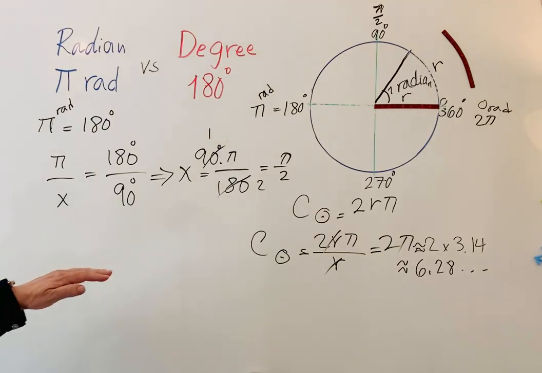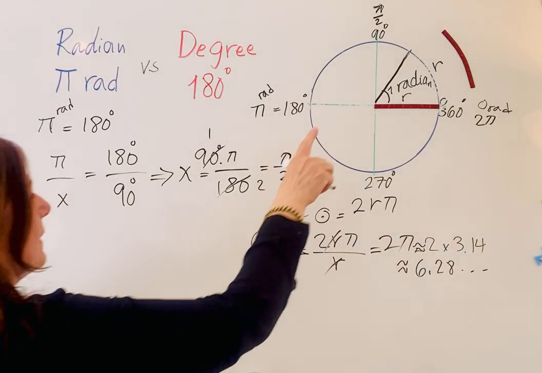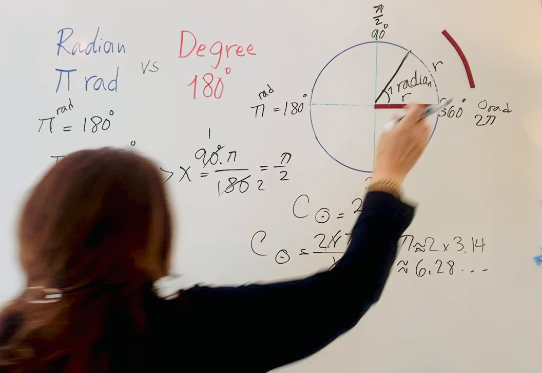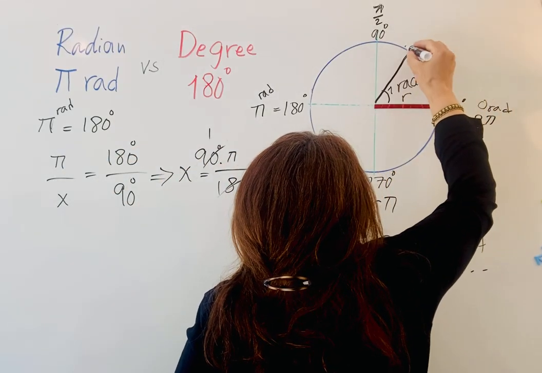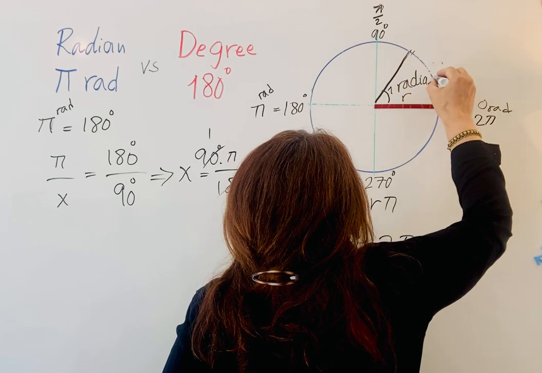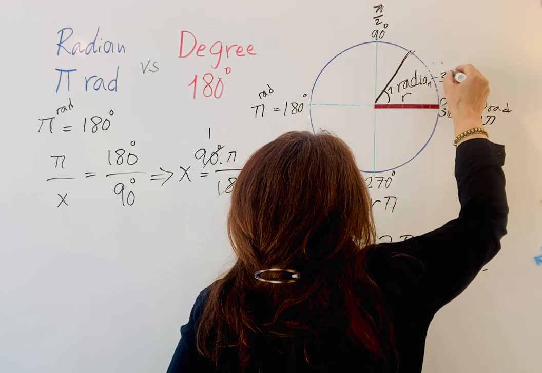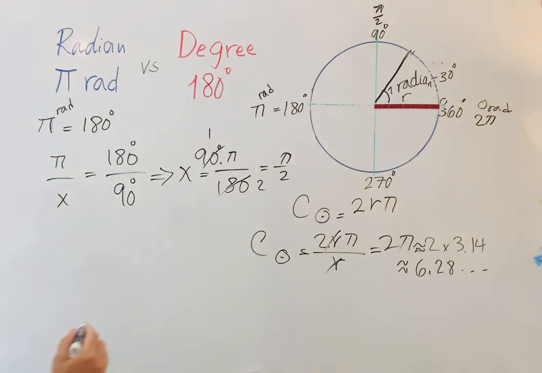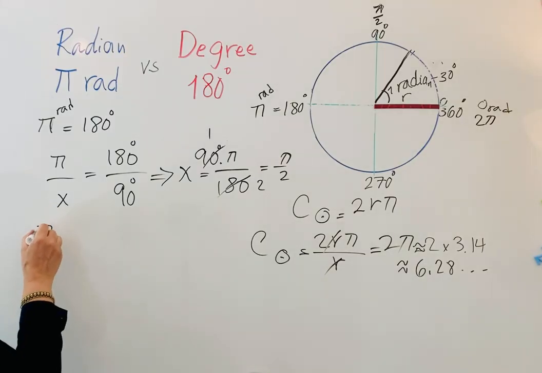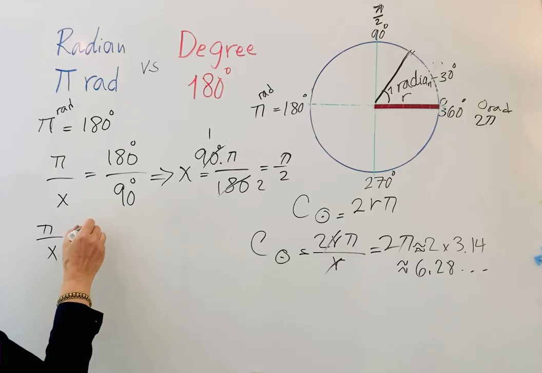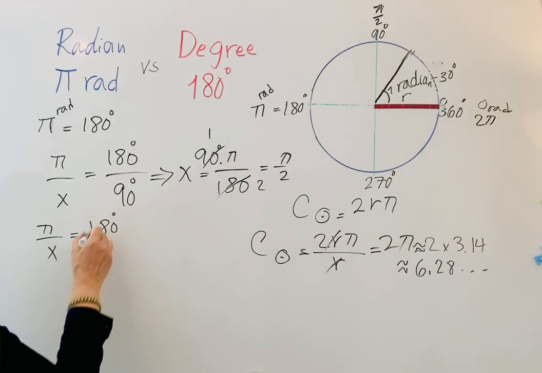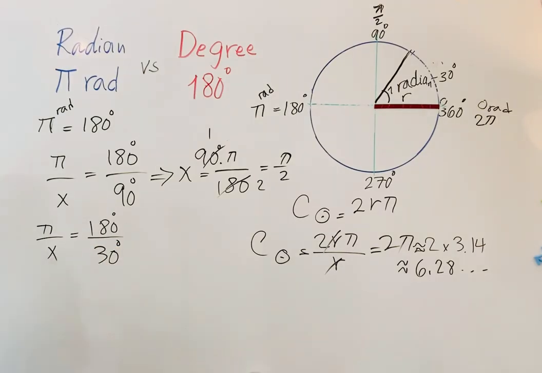In a similar way, we can find something like 30 degrees. 30 degrees is a third of this one. How much is it going to be? We can say pi over x is equal to 180 over 30 degrees.